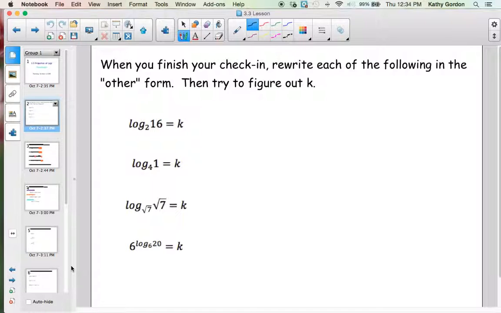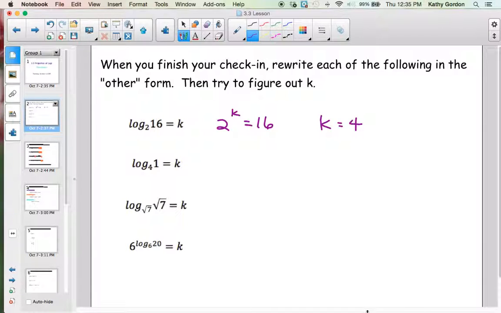So what would log base 2 of 16 equal to k look like if it was in exponential form? 2 to the power of k equals 16. Now can you tell me what k should be? 4, right?